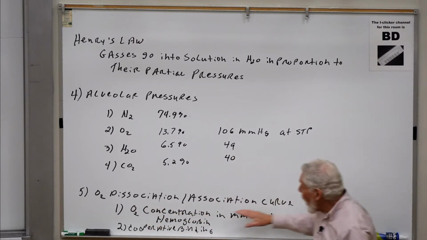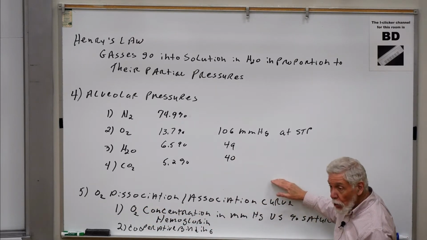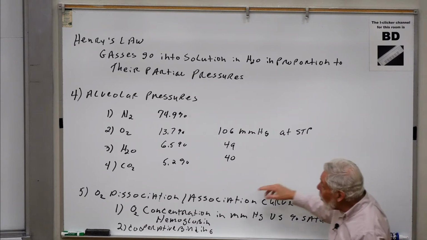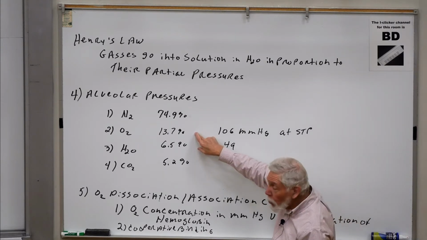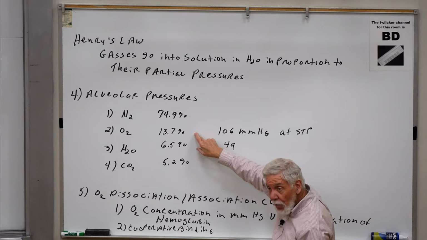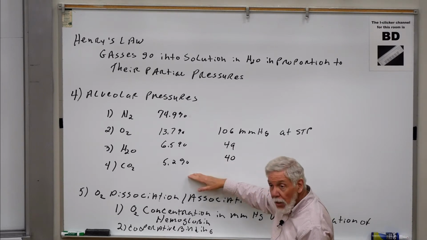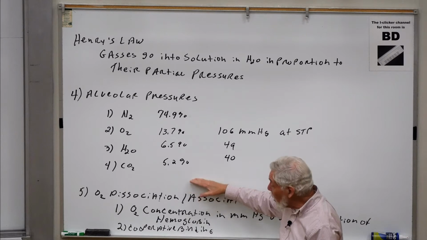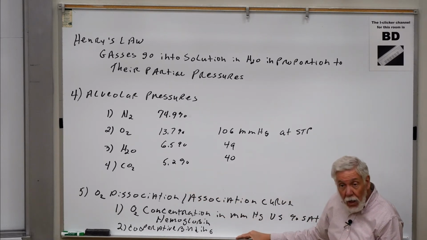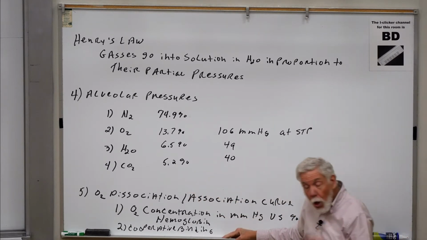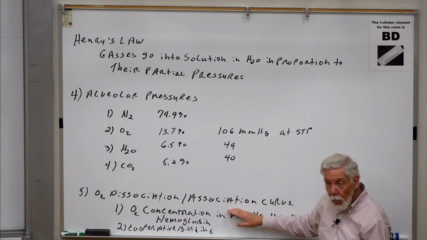And finally, I want to talk a little bit about the oxygen dissociation curve. After all, this story of close to 14% oxygen in the alveolar space is all about moving the oxygen across the epithelial cell, the endothelial cell, and into the blood. What we're trying to do here is get the oxygen to load onto the hemoglobin in the erythrocytes.